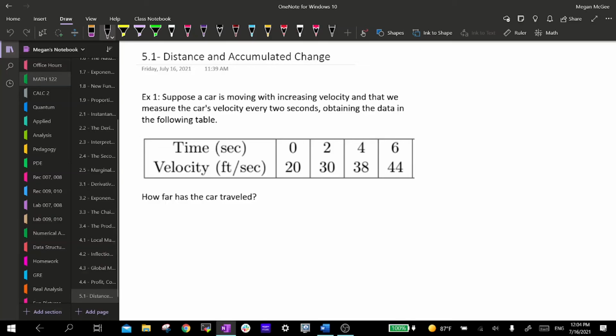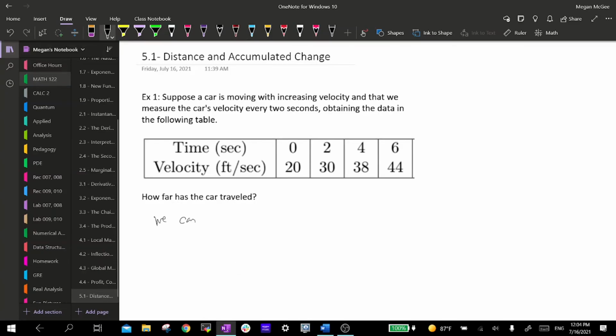Alright, so we can't calculate this exactly because we only have the time and the speed measured every 2 seconds. Alright, so we don't know how fast the car is going at every single moment.